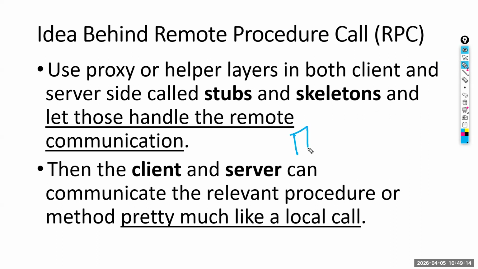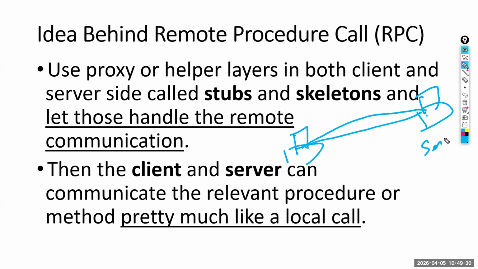Say this is one machine, this is the other machine, and a program in this machine calls a method or procedure in the other machine and gets the response. Then this is called the server, because this machine's procedure is called. So this is the server and this is the client. The caller is the client; the one serving the method called is the server.